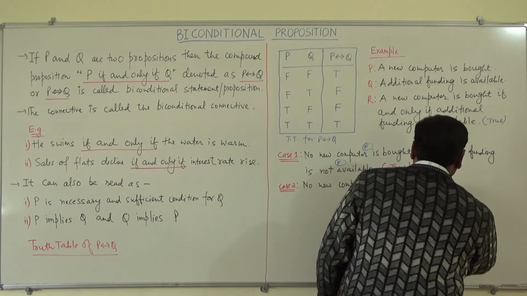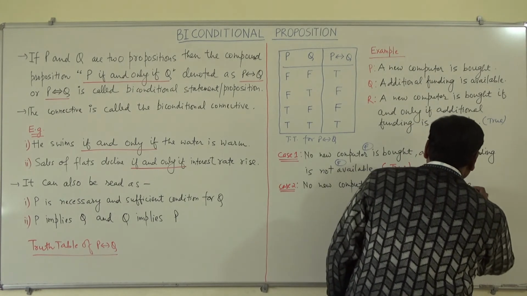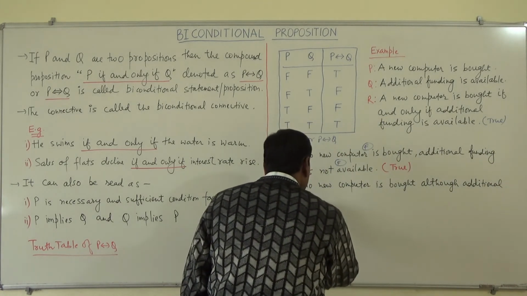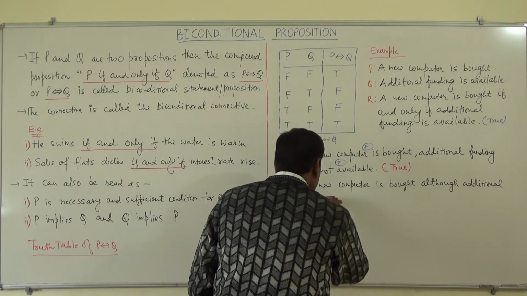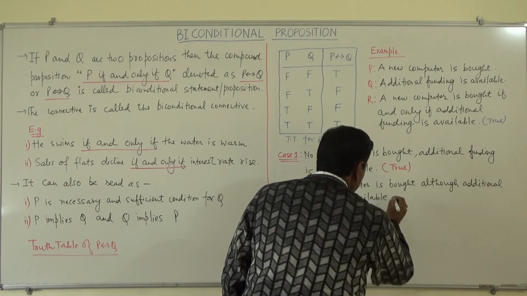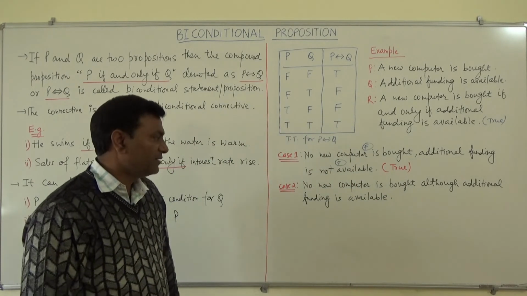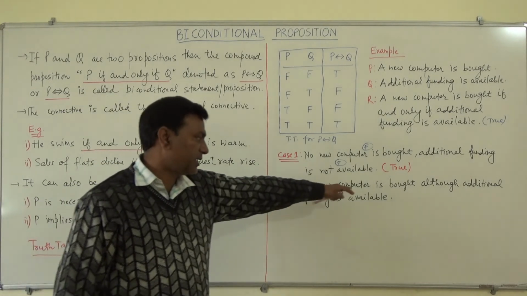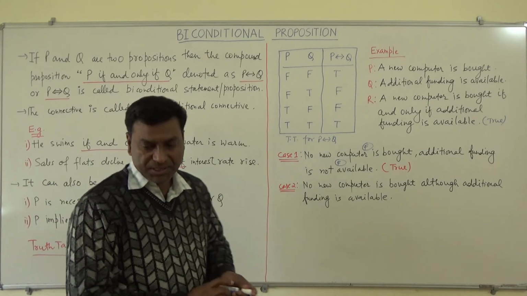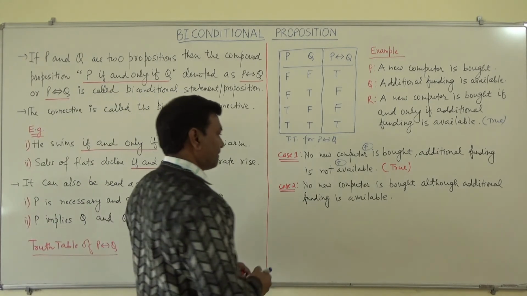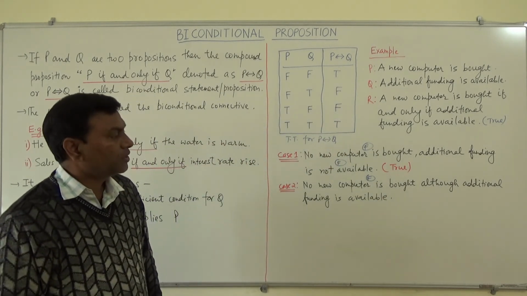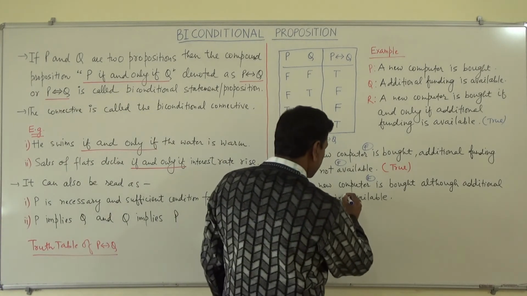So again from here, P is false, and Q is true because funding is available.